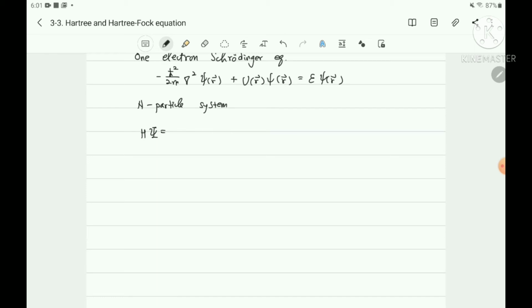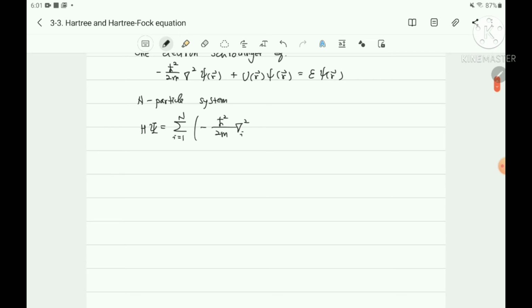The capital psi means the total wave function, and because there are N electrons, there is a summation over N of minus h bar squared over 2m del i squared. Del i means the operator for each individual electron, acting on the total wave function psi.